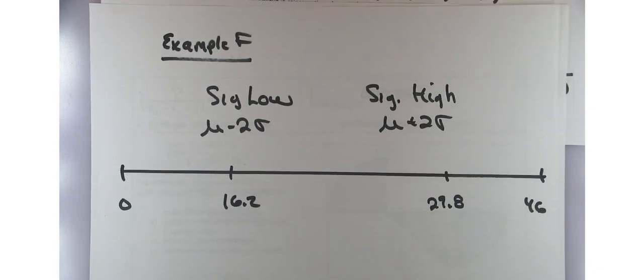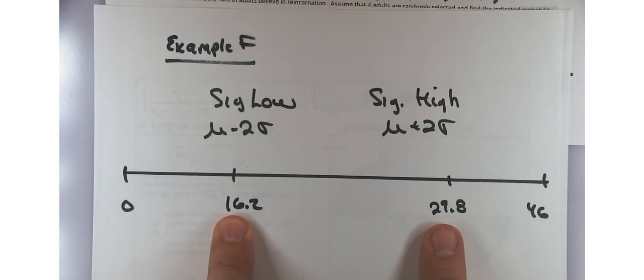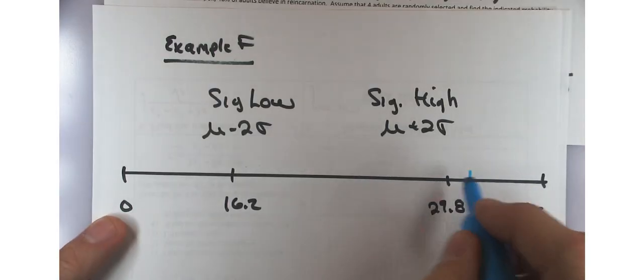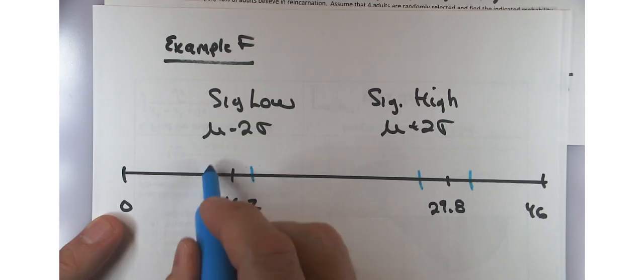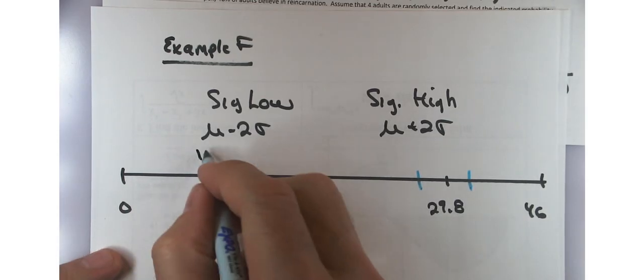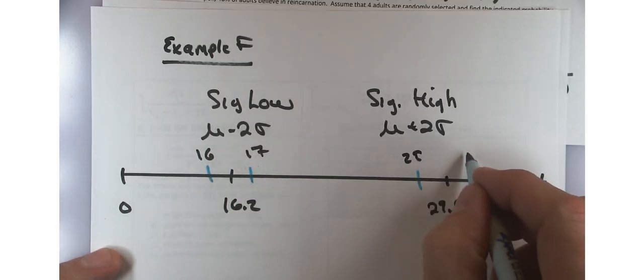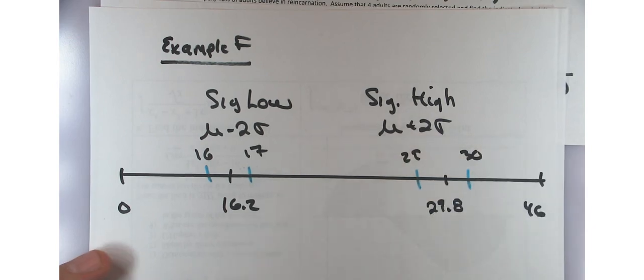But here's a question for you. If you have 46 babies, can you have 16.2 of them or 29.8 of them that are girls? No. So where should I put that cutoff then? Should I put it at 16 or should I put it at 17? Should I put it here at 29 or should I put it here at 30? Where's the significantly high start?